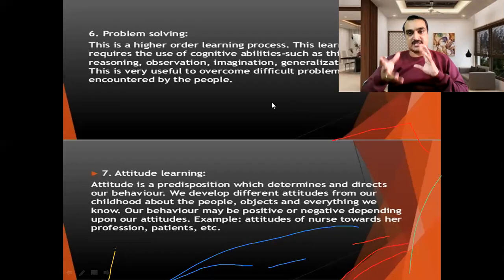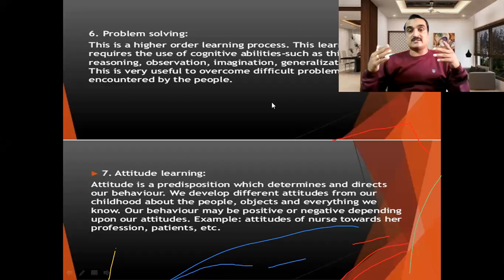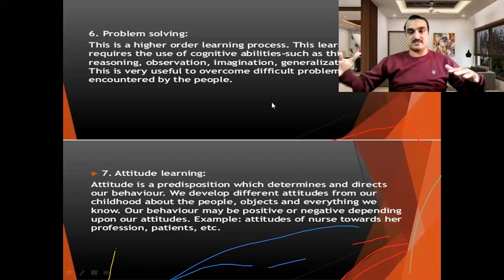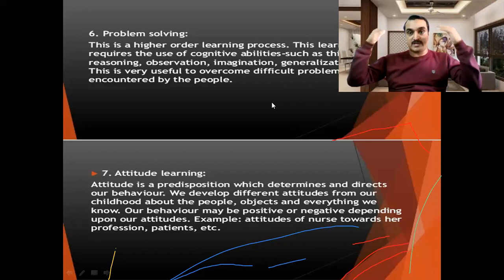It may even change or modify according to the phases of development. How we were at childhood, how we were at later childhood, how we were at adolescence, how we are today, and how we will be in the future too. There are variations. So we develop the ability of learning according to our attitudes.